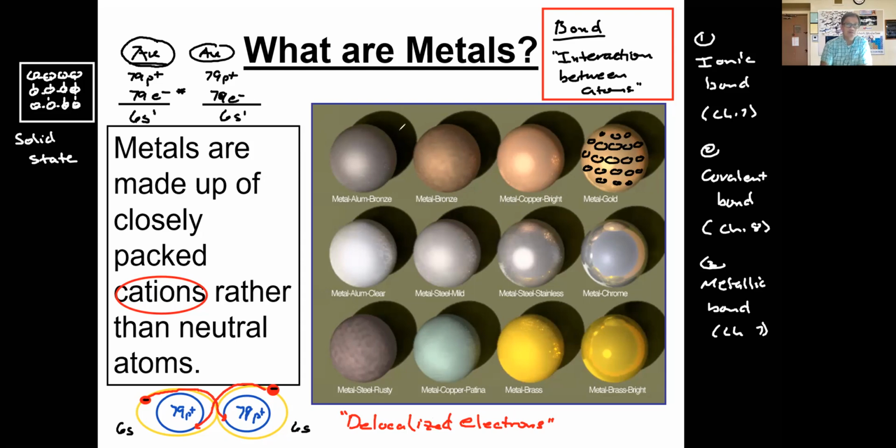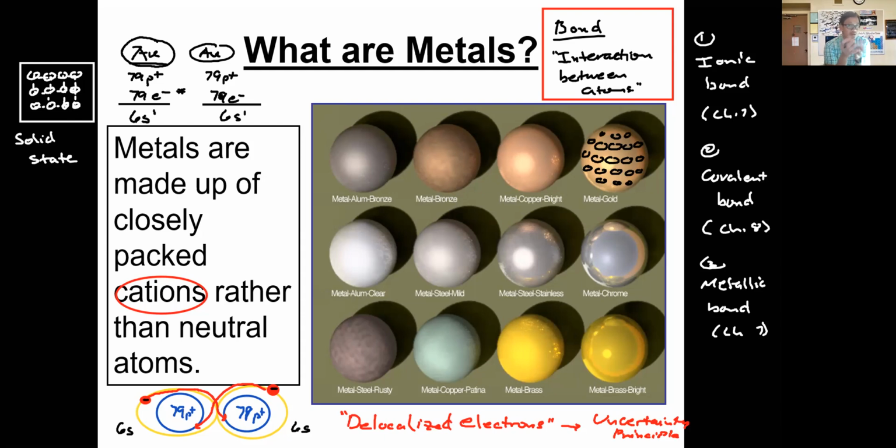And this coincides with what we learned about electrons back in chapter 5 when we talked about the uncertainty principle. Remember we talked about the uncertainty principle back in chapter 5? What the uncertainty principle tells us is that we can't be absolutely sure where an electron is located.